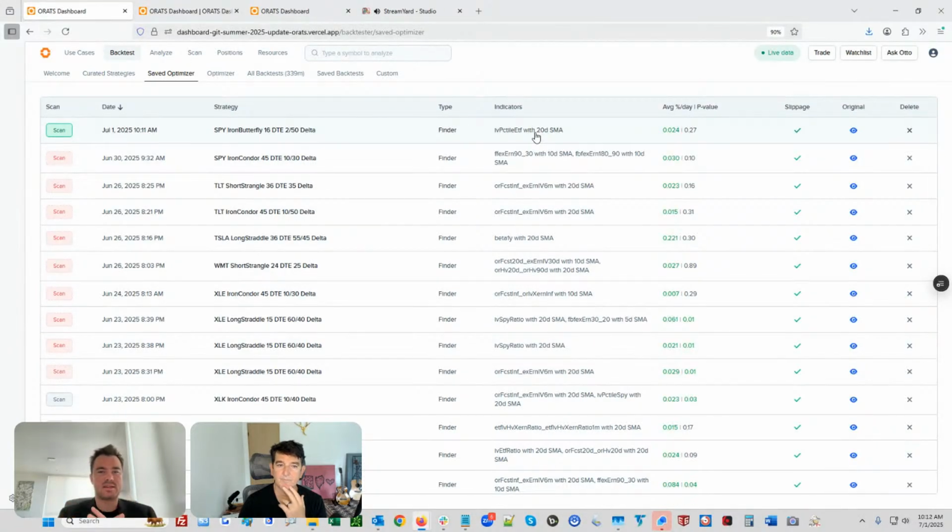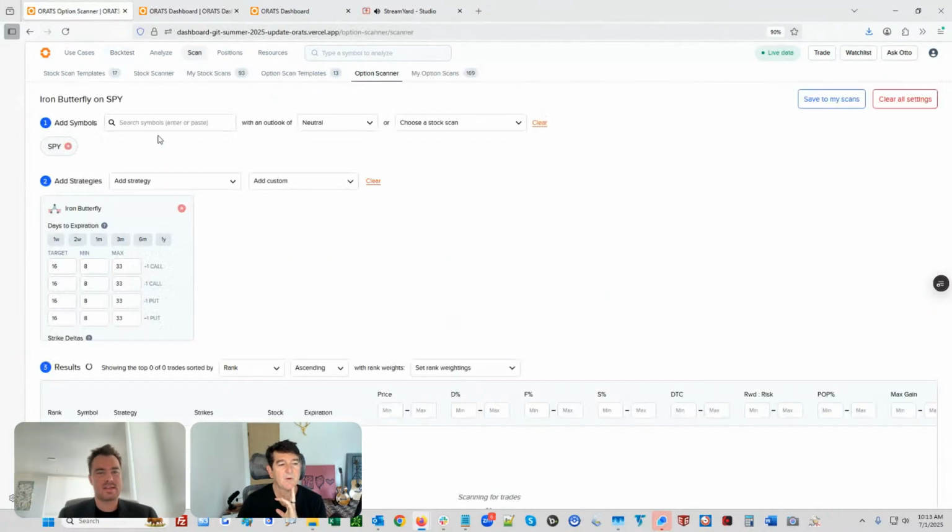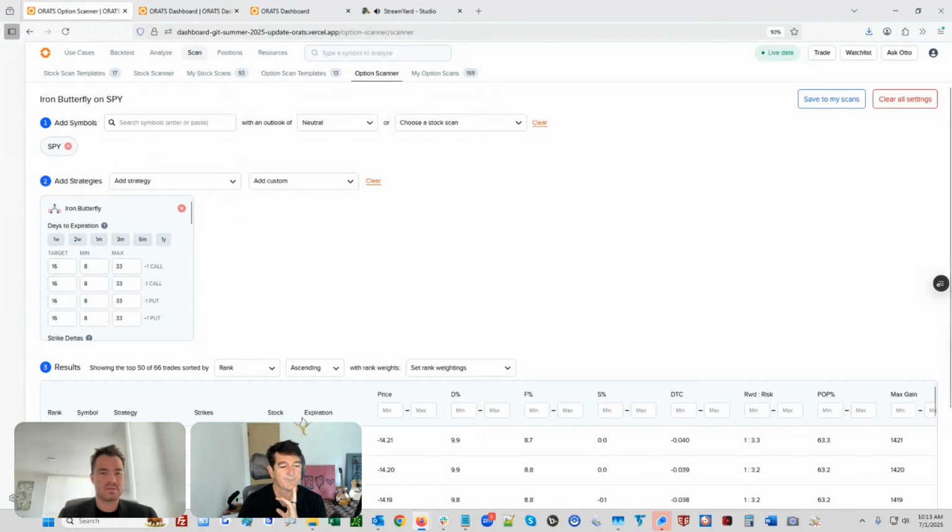And then you're given the green light to scan for trades on that strategy. And then you can click it and it'll take you to the option scanner, fill in all the information that was in the backtest, the DTE, the strike deltas and stuff like that. And then you can look for trades from there. Yeah, that's a very handy workflow. It puts it all in for you.